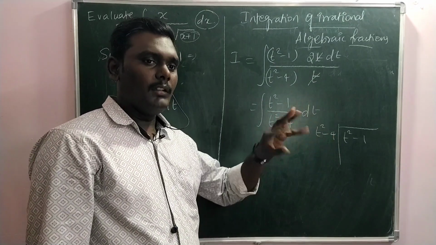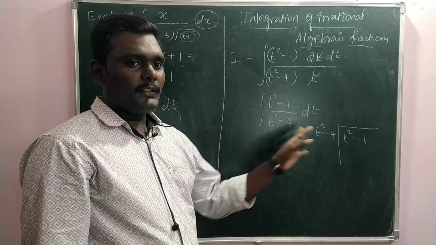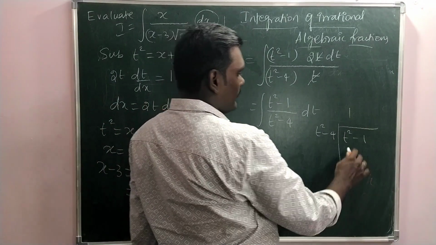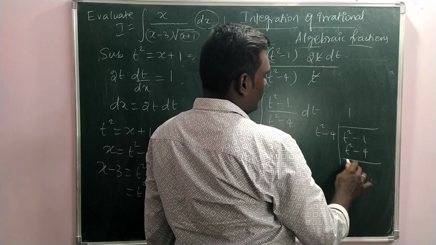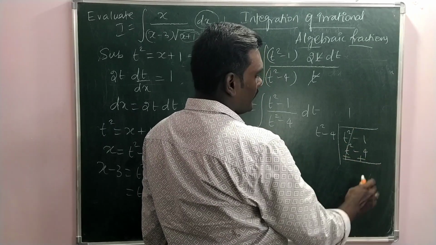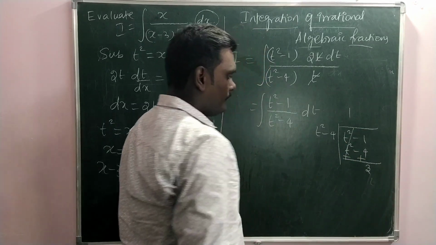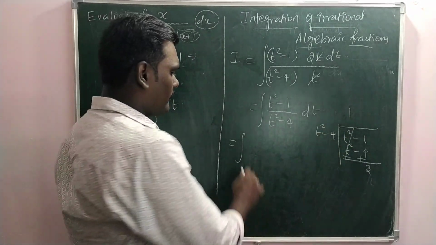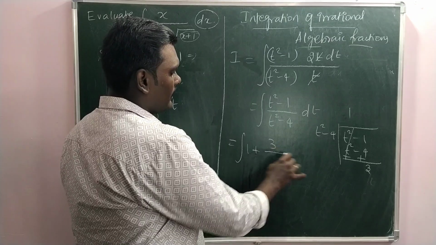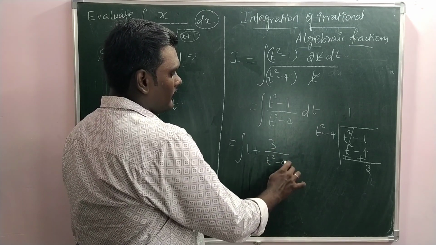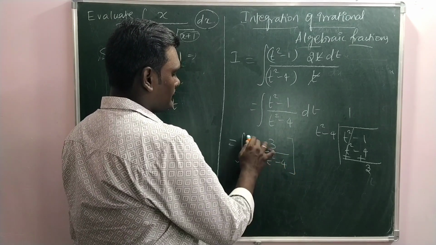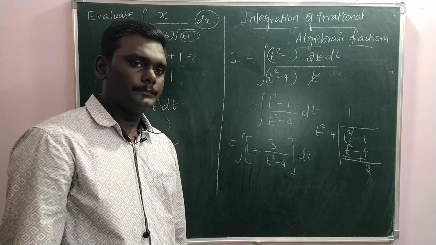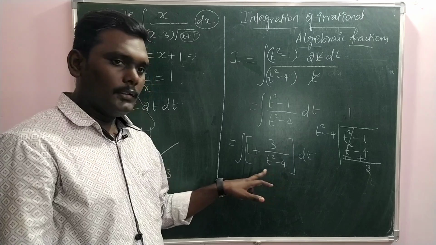We should divide them and write it as quotient plus remainder by divisor. So when we divide, 1 times t square minus 4, the minus and plus cancel and we get plus 3. And this has become quotient 1 plus remainder 3 divided by the divisor t square minus 4, into dt. Okay, got it?